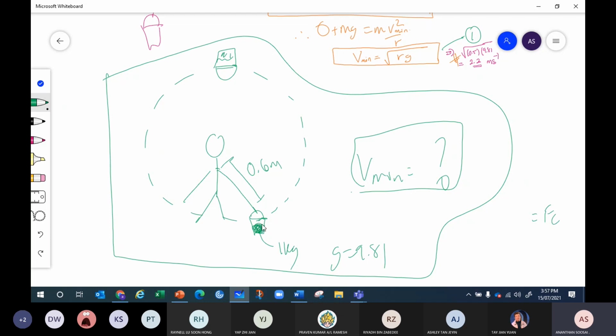Write that first, at the bottom and at the top. From that Fc, for V minimum, check which point is the critical point for the water never to spill off. Definitely the top point, right? Then check, when V is minimum, what should become 0, the lowest value.